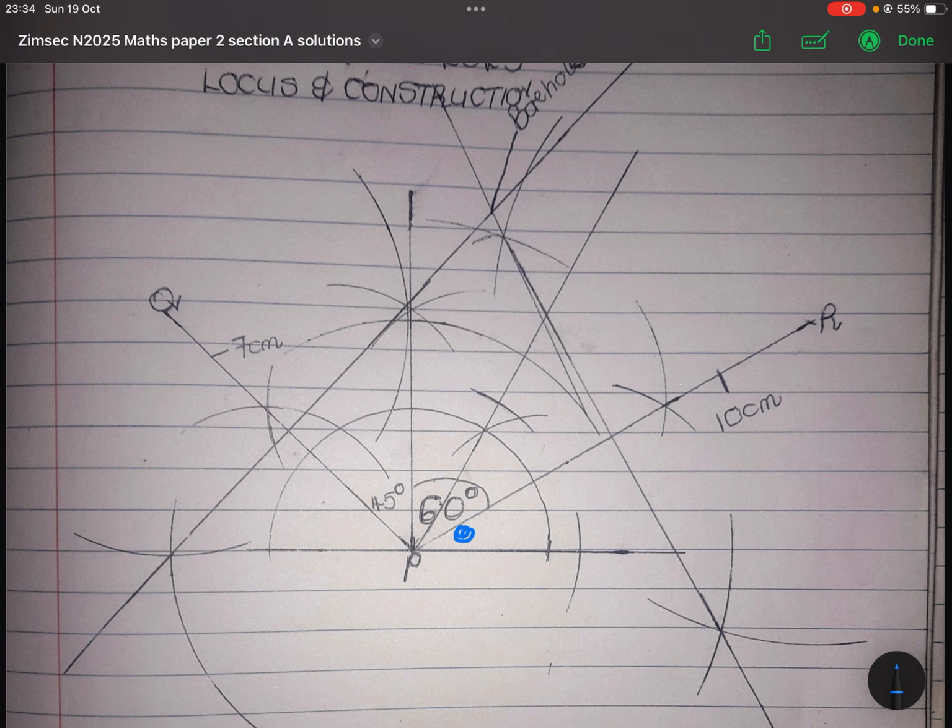So this one is going to be 60 degrees because if we say 90 minus 30, we get 60 degrees.